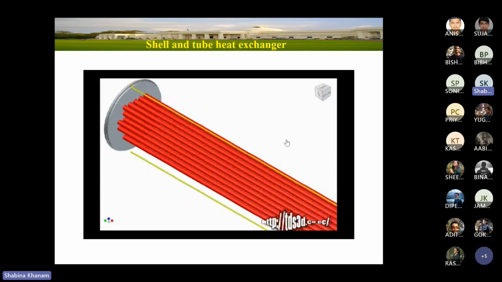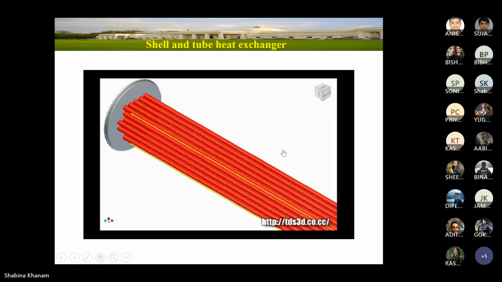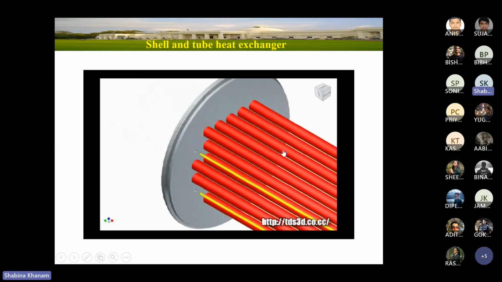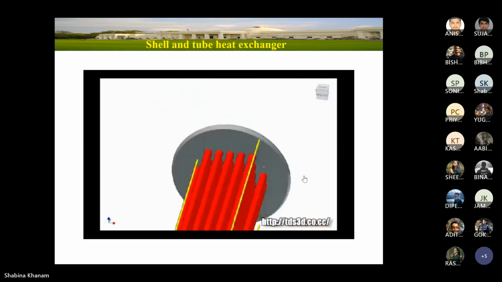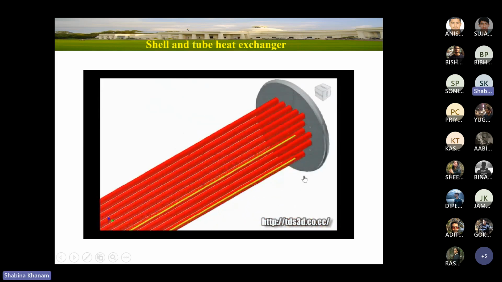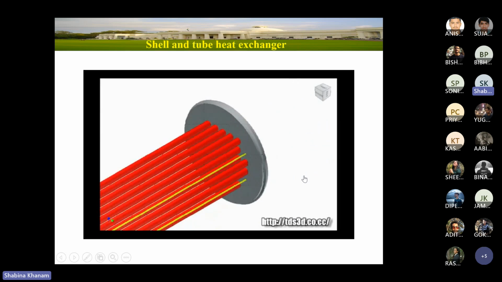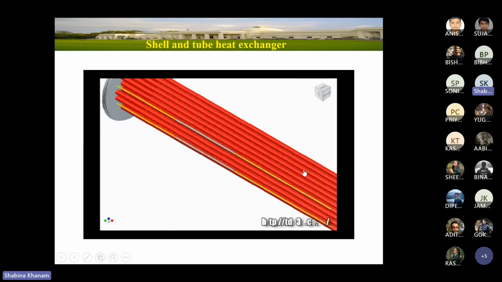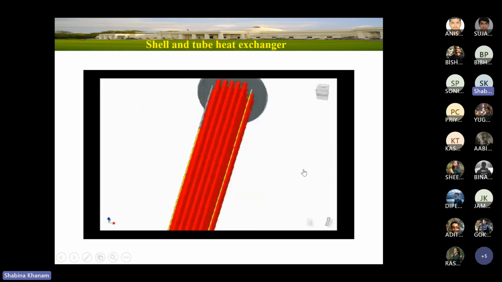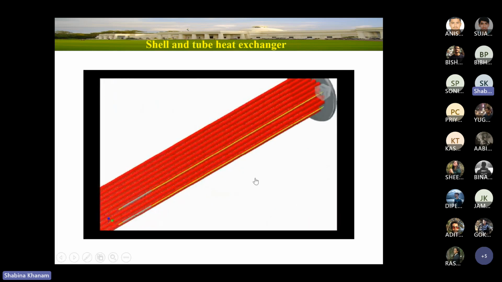So these are tie rods, you can see, and these are inserted in the tube sheet along with these tubes. Now if you observe this tube sheet, you see these small gray cylinders, these gray pipes.